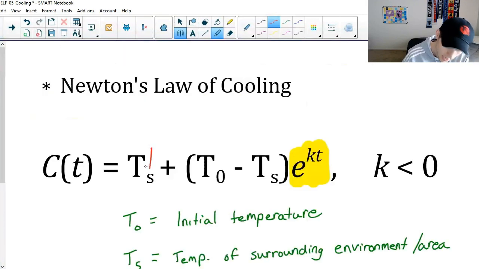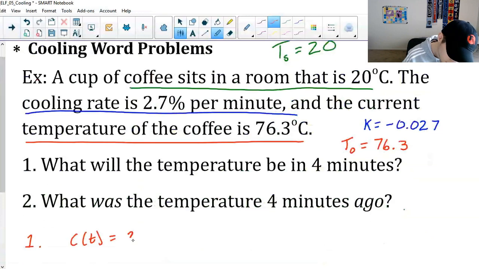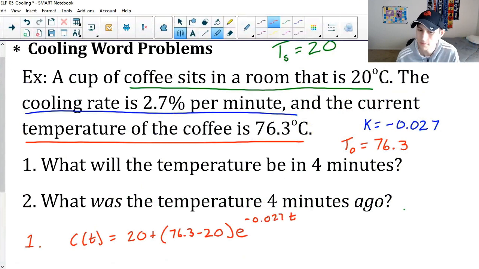The surrounding temperature goes first, so that's 20 plus T0 minus TS, so 76.3 minus 20, times e to the power of k, negative 0.027 times t.